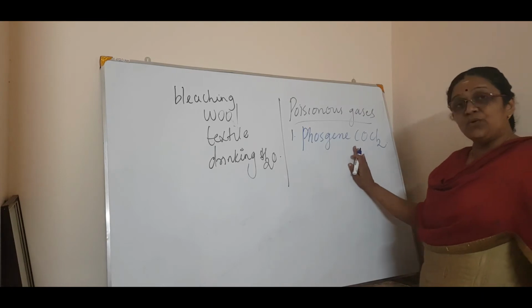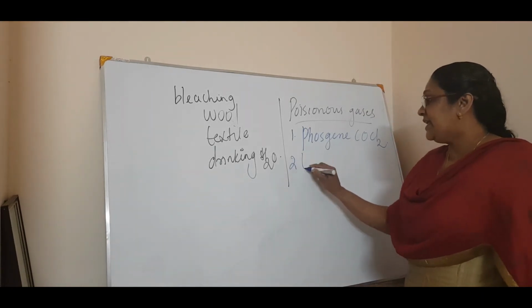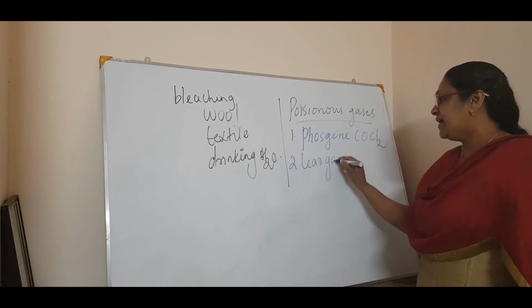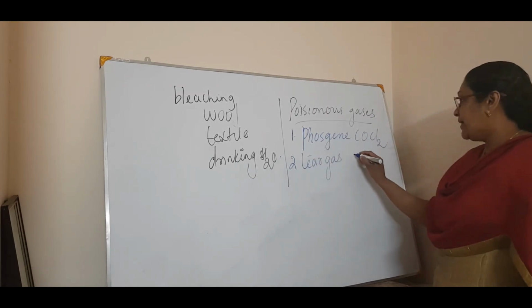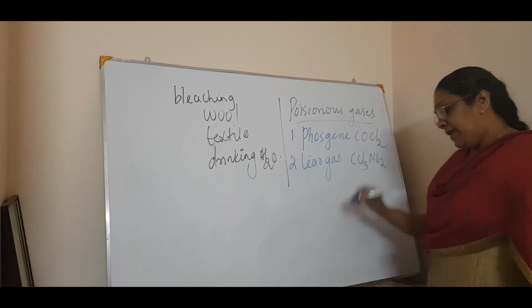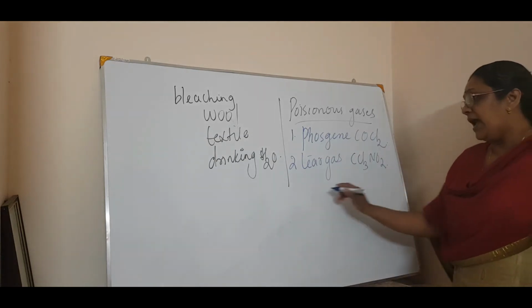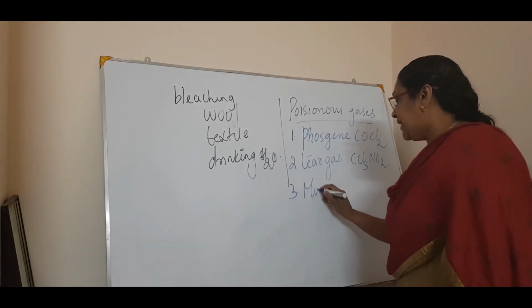So chlorine is used in the preparation of poisonous gases such as phosgene. Second is tear gas, which is CCl3NO2. And third is mustard gas.